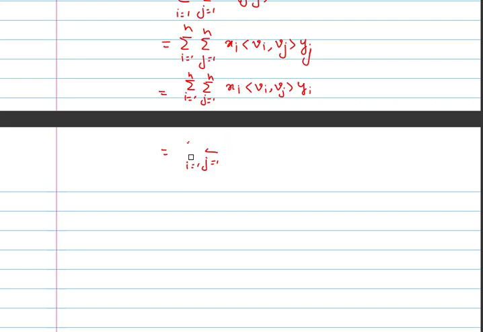So this can be written in terms of x alpha transpose times some matrix A times y alpha. Here A is an n by n matrix defined by its entries vi comma vj. Correct? So it becomes a scalar.